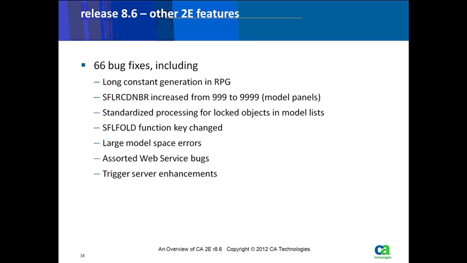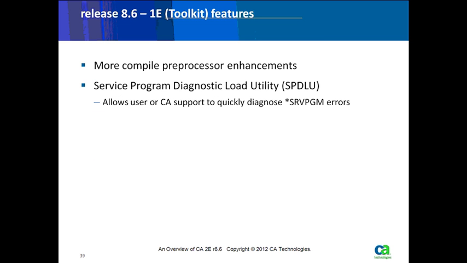Now, obviously, when we bring out a release, it's not just TUI, it's the other bits of the TUI product family as well. The Toolkit, what I still call 1E, because it was the original thing, the official name is Toolkit, we added some compiled preprocessor enhancements. Back at 8.5, we totally changed the way that the compiled preprocessor works.